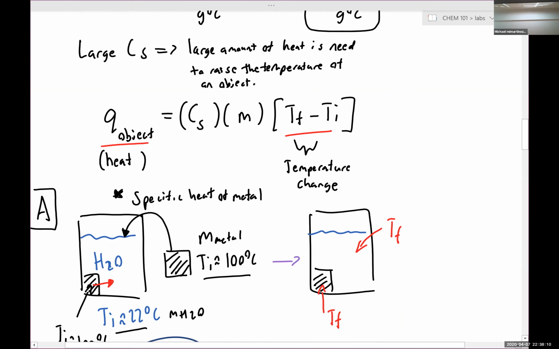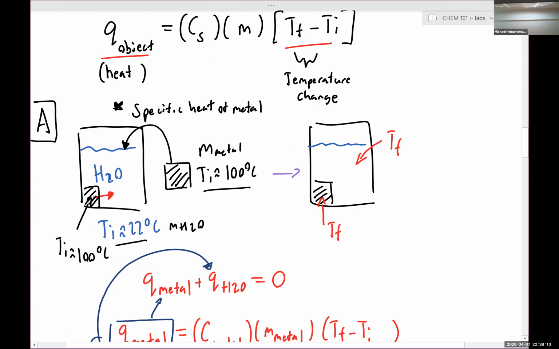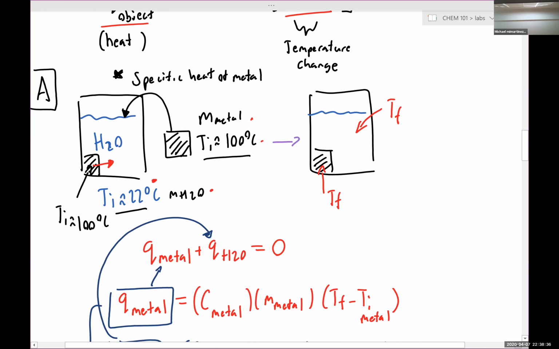So then, for example, in part A, when we dump our metal block into our water, our goal in this experiment is to measure the specific heat of our metal. In order to do that, we're going to measure the mass of our metal, the initial temperature of our metal, the mass of our water, and the initial temperature of our water. Once we allow the metal and water to sit, they'll eventually exchange heat and reach the same temperature, T final.